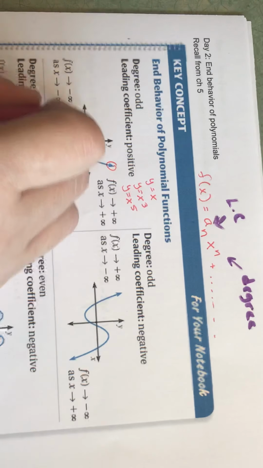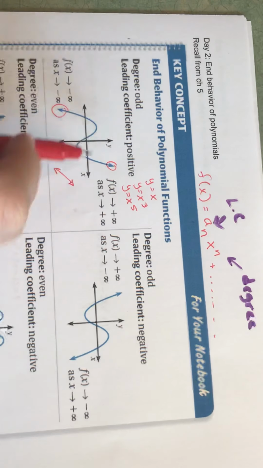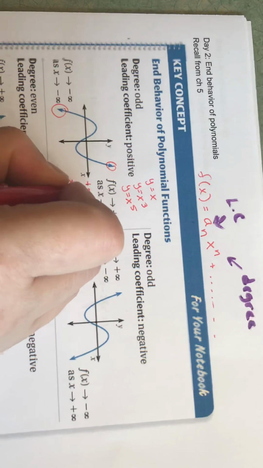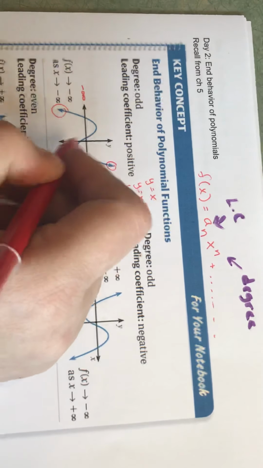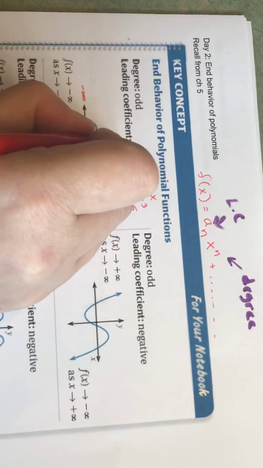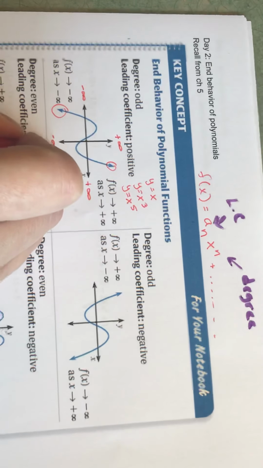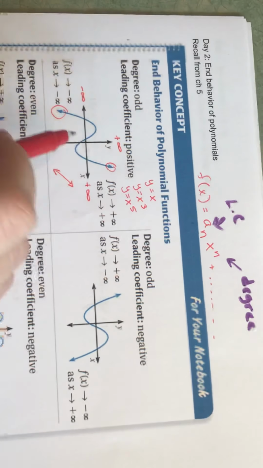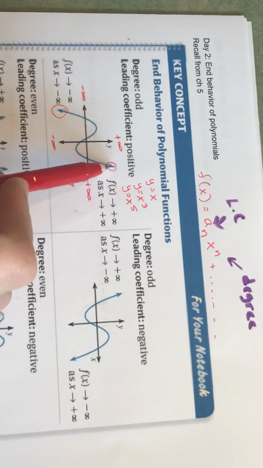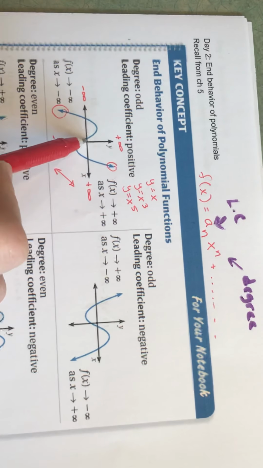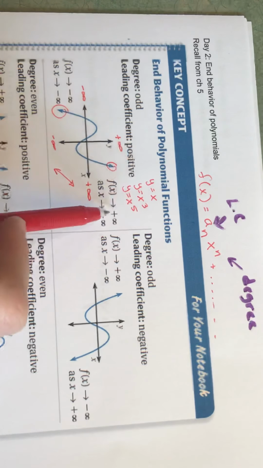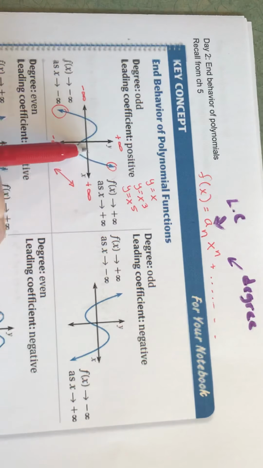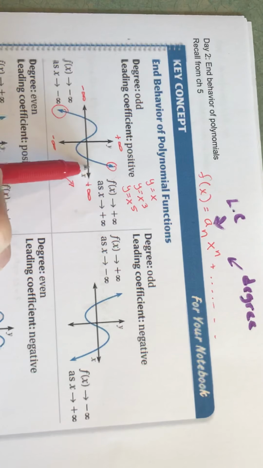And we know that x goes left and right, and this is positive infinity and negative infinity, and we know that y goes up and down, and this is positive infinity and negative infinity. So if we look at the arrows at the end, this arrow is showing y going positive, going up, and it's showing x also going positive, going to the right.